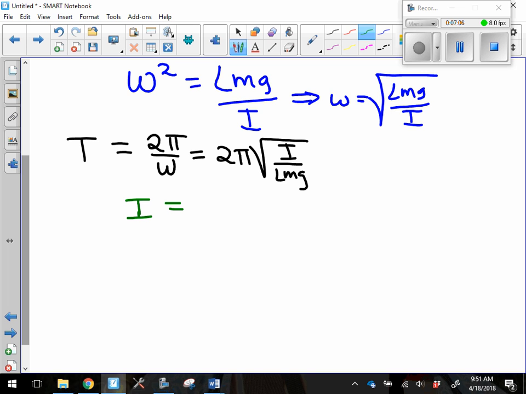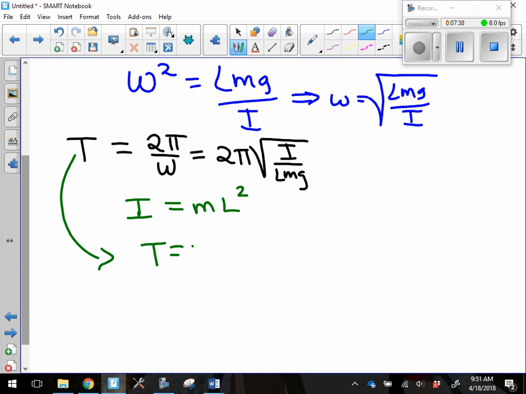So because my string is non-stretching and of negligible mass, all I've really got is the pendulum bob, which is a compact thing. It's not a bowling pin. It's not a ping pong paddle. It's this compact mass. I can say that the rotational inertia is going to be m L squared, because L is the distance from the mass to the pivot point, or the rotational axis.